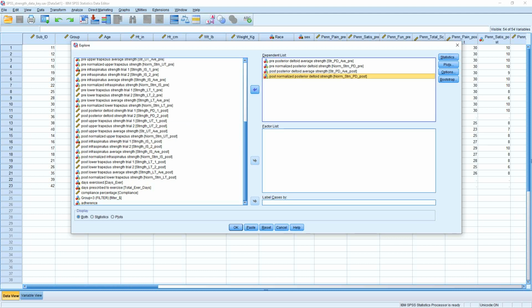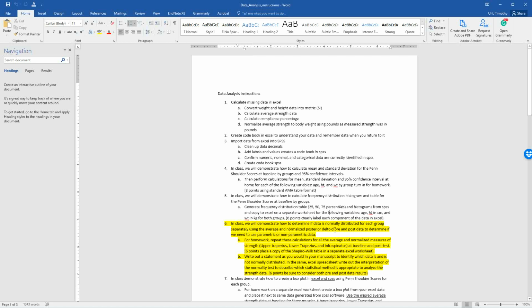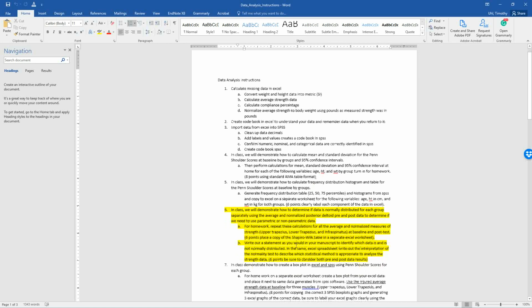Now we want to do that by group. So if you go back and look at the explanation, for each group separately using the average and normalized data.